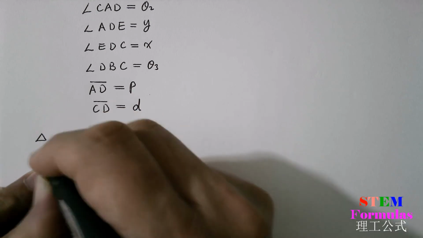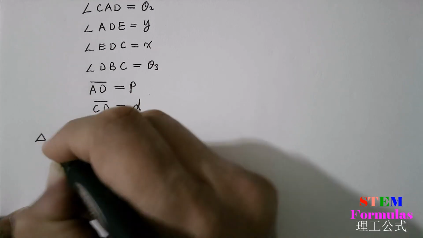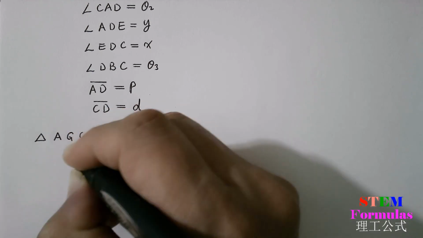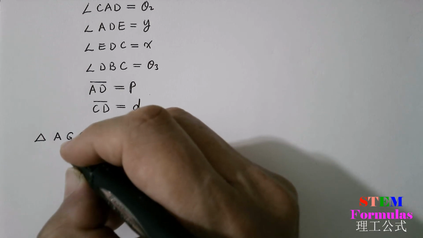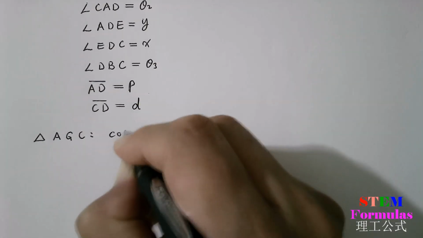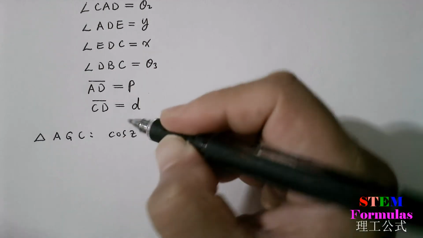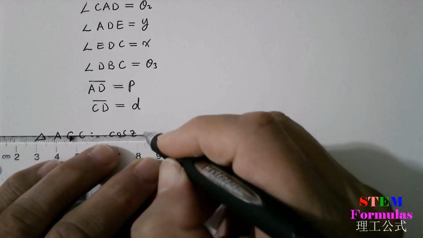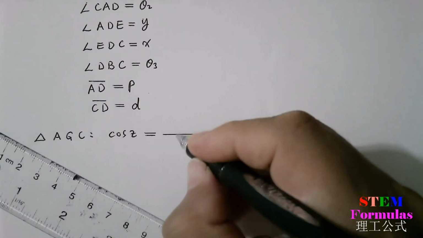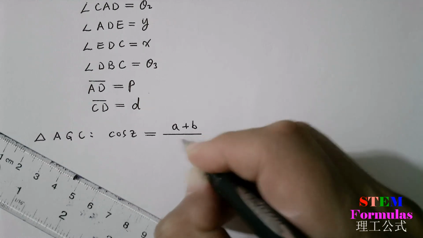For triangle AGC, cosine z equals (a plus b) divided by r.